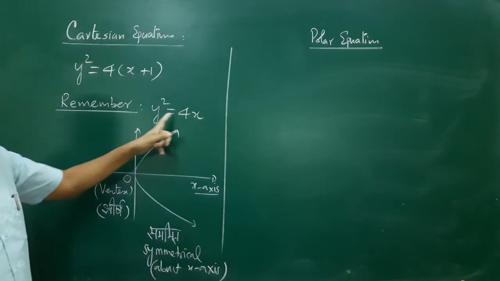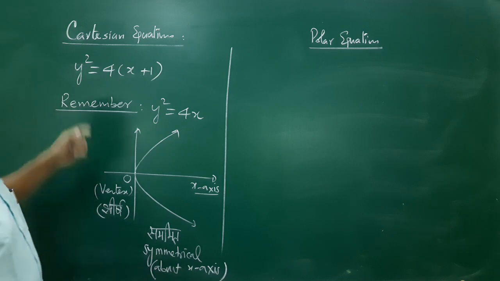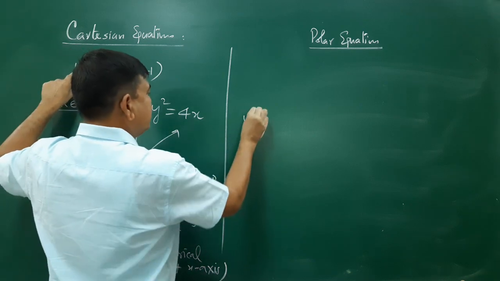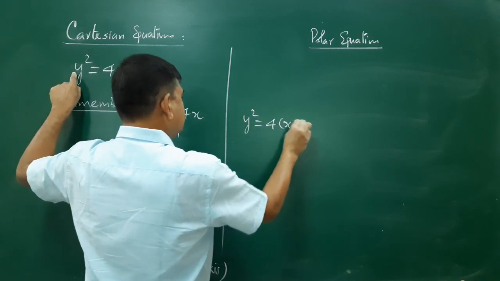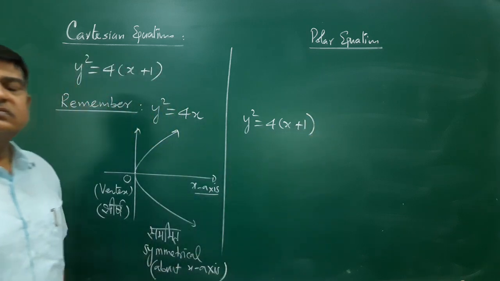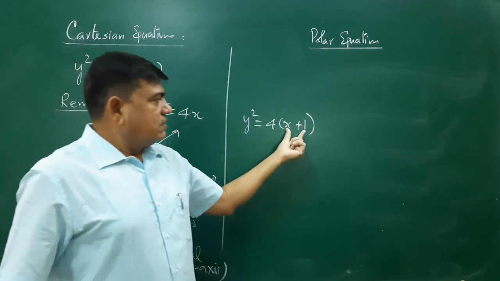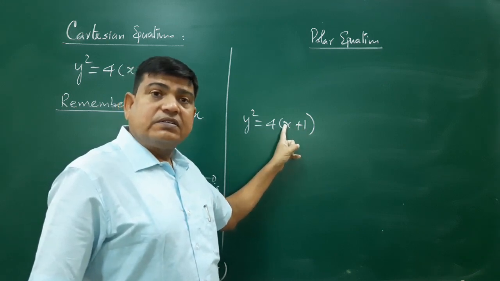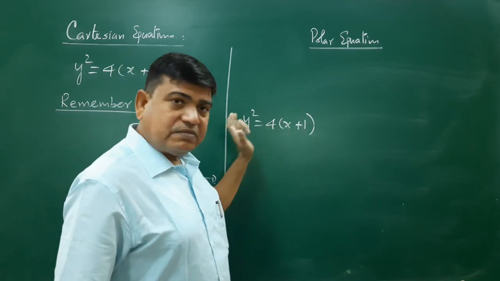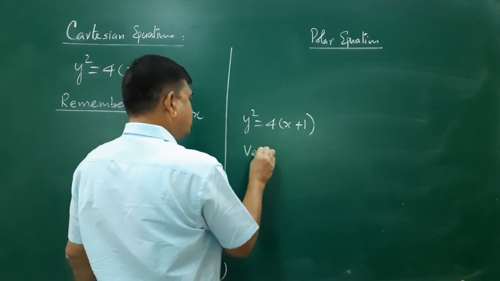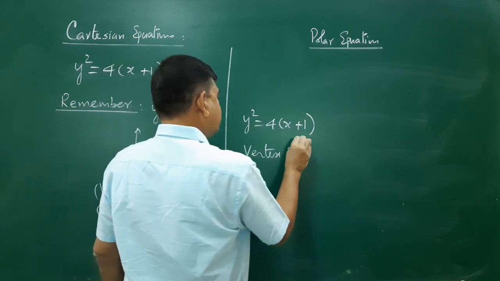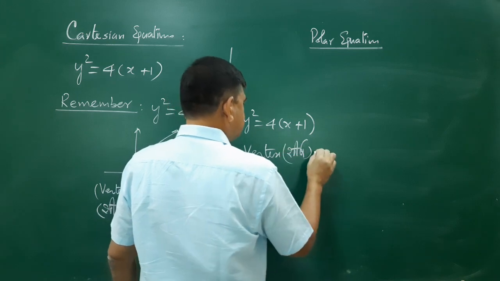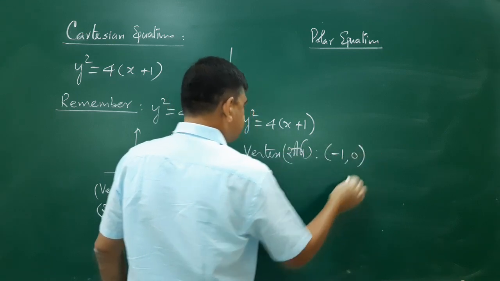This is y square equals 4x, but here it is y square equals 4 times (x plus 1). Where will x plus 1 become zero? At x equals -1. The direction will be the same, but the vertex is changed. The vertex is (-1, 0).